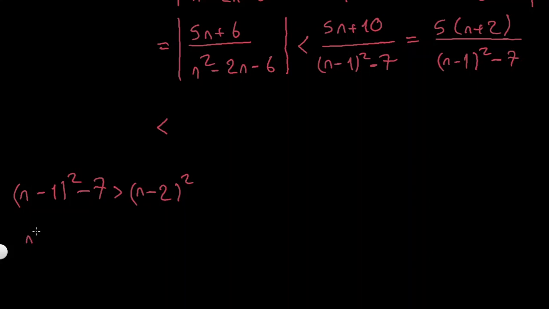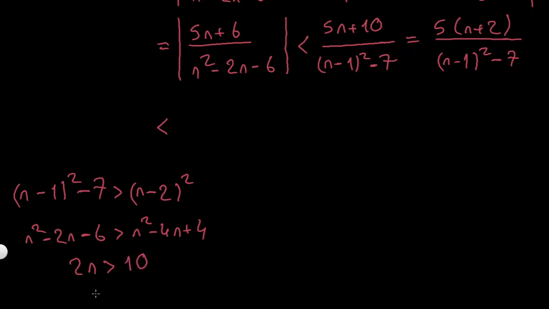So I have n squared minus 2n minus 6, which is my part from the question. And is this greater than n squared minus 4n plus 4? If I get rid of the n squares, I will have 2n greater than 10.